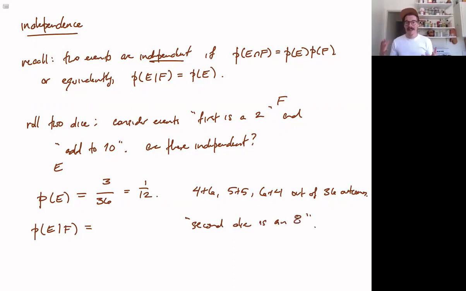But of course, there's no 8. I guess we're assuming that these are 6-sided dice. There's no 8 on a die. So the probability of this is 0. If the first die is a 2, they cannot possibly add to 10. So we see that the probability of E given F is different from the probability of E. So these are not independent.